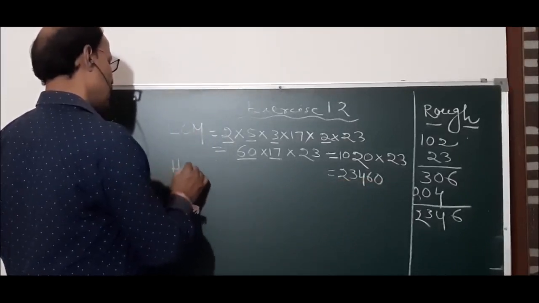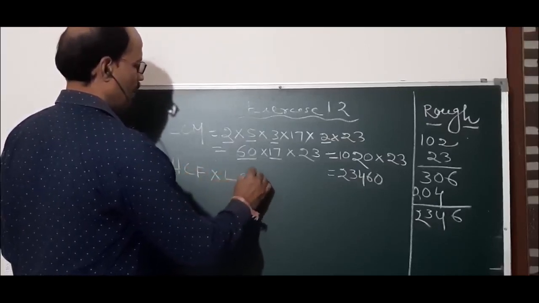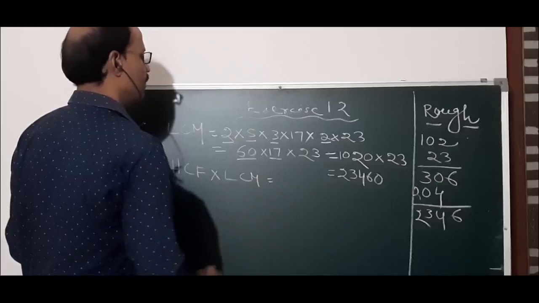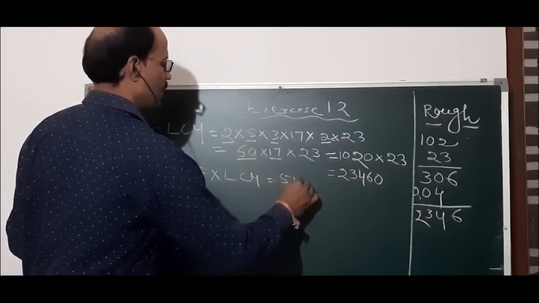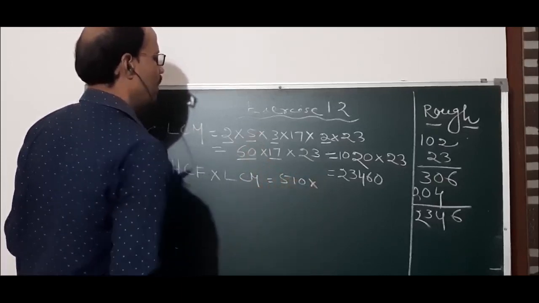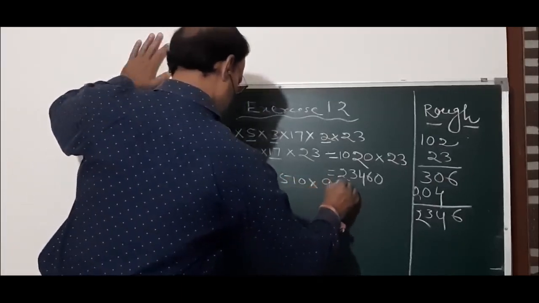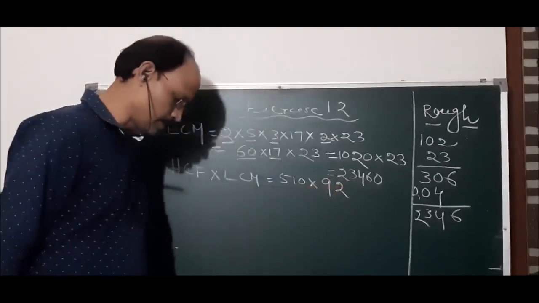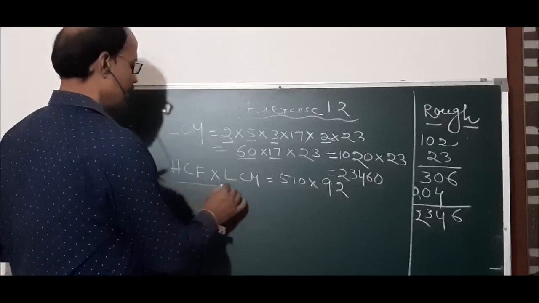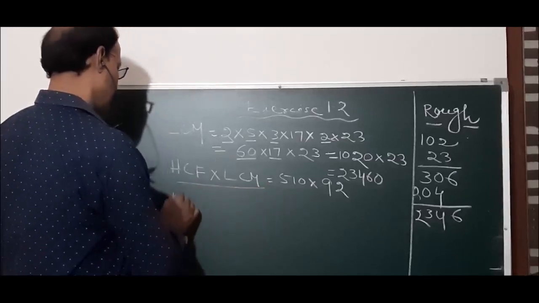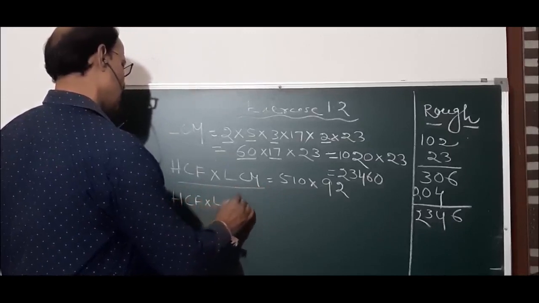Formula is HCF multiply LCM equal to the product of the given numbers, 510 multiply 92. So first we have to take LHS, that is HCF multiply LCM.